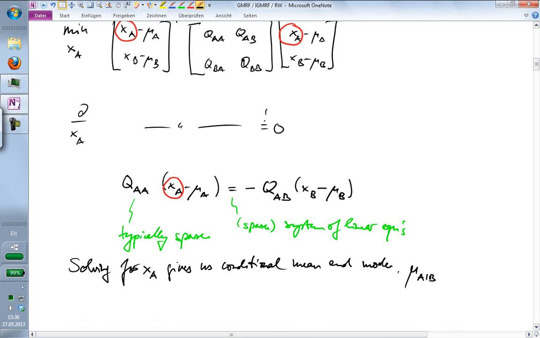Mu A conditioned on B. So formally, you can write this using this matrix inverse. So I forgot the mu A. Formally, you can write it using this matrix inverse, but this is not how you're going to compute it in the real world.